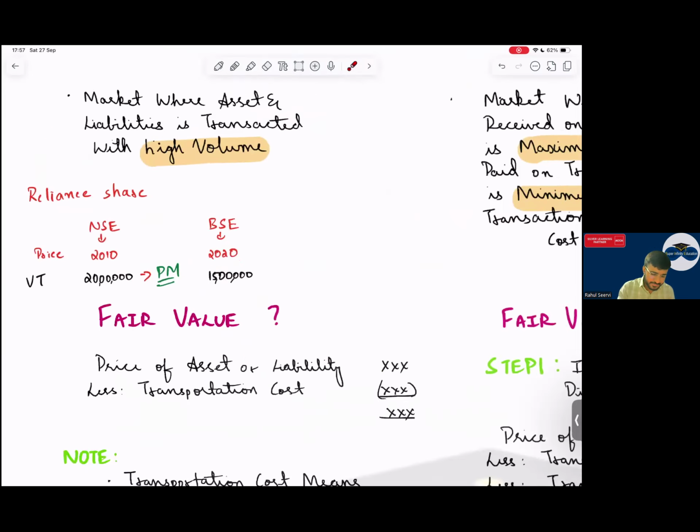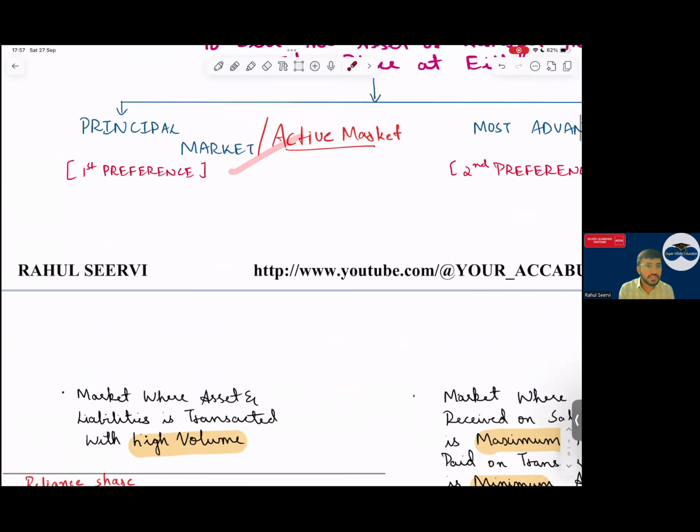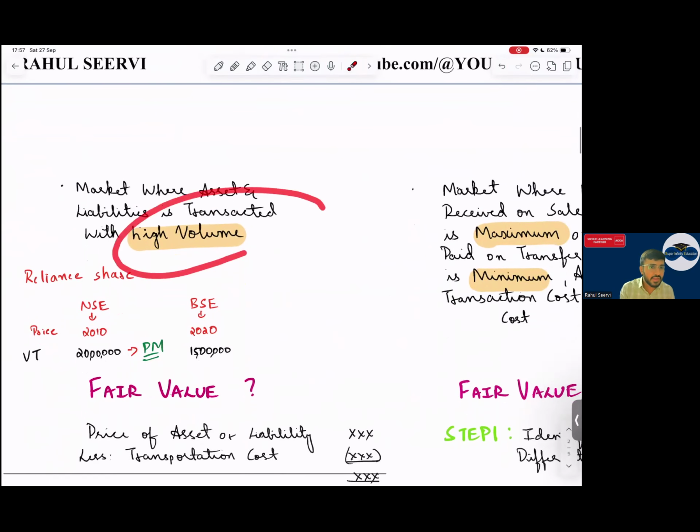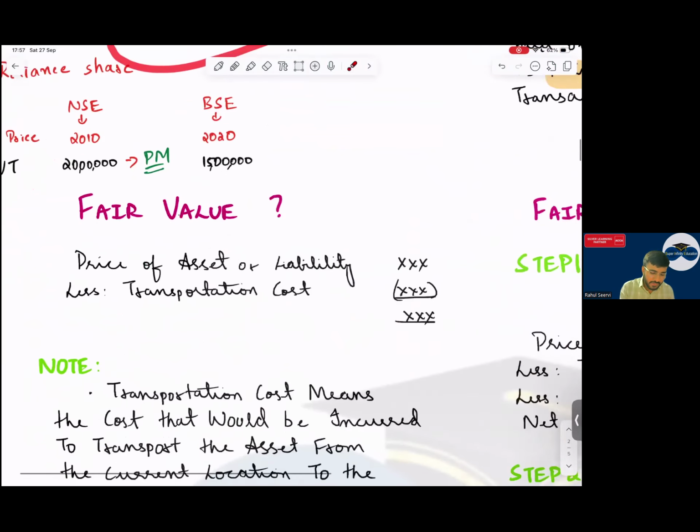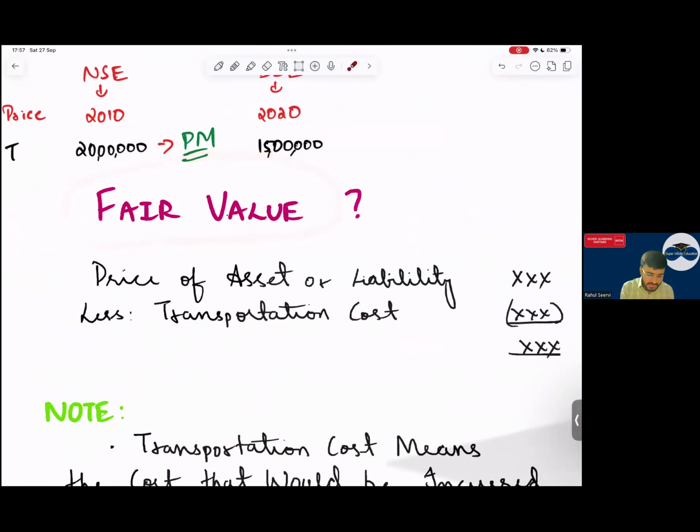So what is your principal market? Principal market is where the transactions are very high. Now, how should we calculate the fair value? To calculate the fair value, we'll consider the price of the asset or liability less transportation cost. Understand, whenever fair value calculation comes into the picture, transportation cost will be considered, but transaction cost will be excluded. Why?